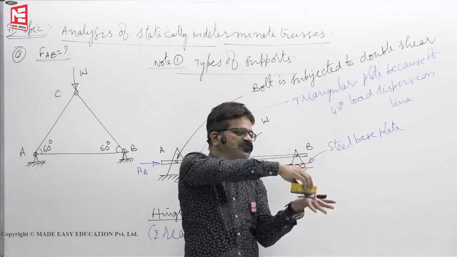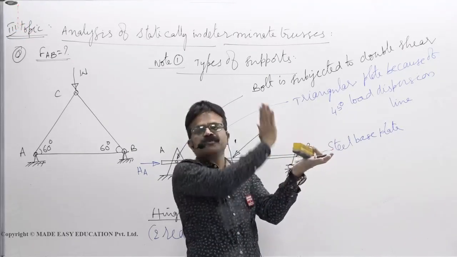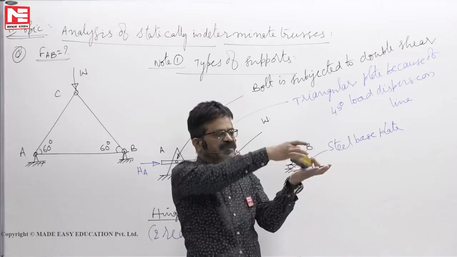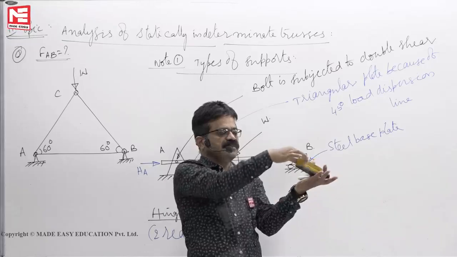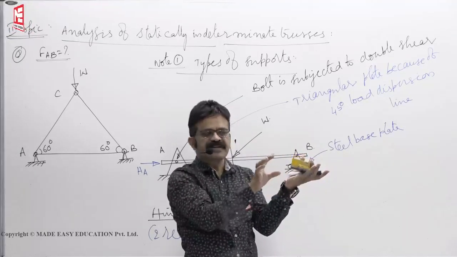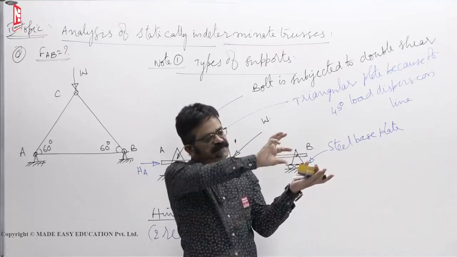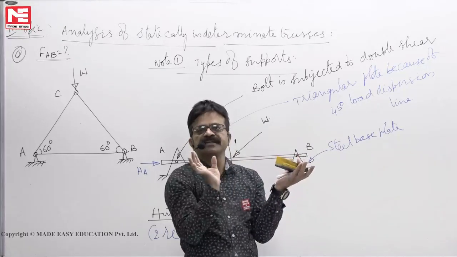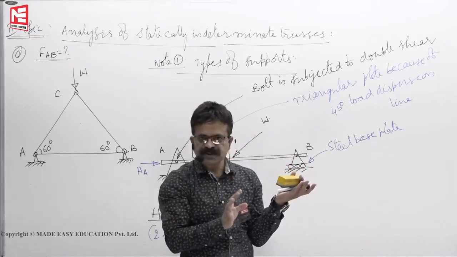It says I cannot offer any reaction. Vertically, if you apply load like this, it reacts. Vertically upward it will react, it will not go down. So vertical reaction is possible. Now try to rotate. This cylinder offers zero resistance to rotation. It will permit the rotation. When the rotation is happening, this roller simply rolls like that. It cannot stop the rotation.